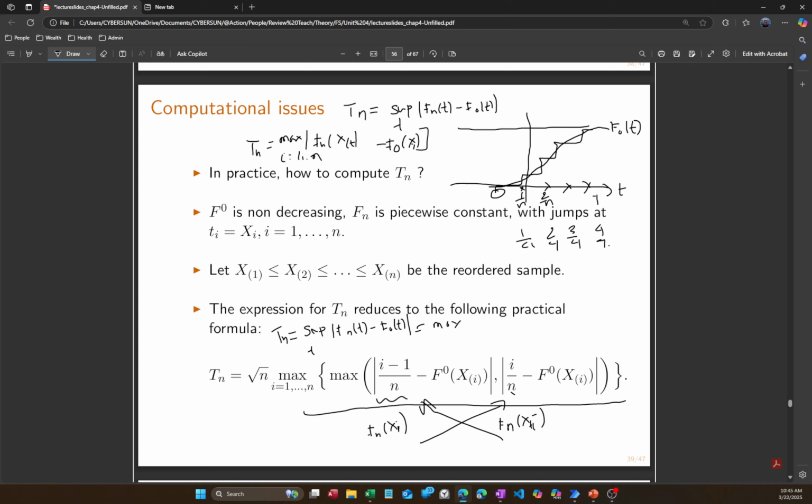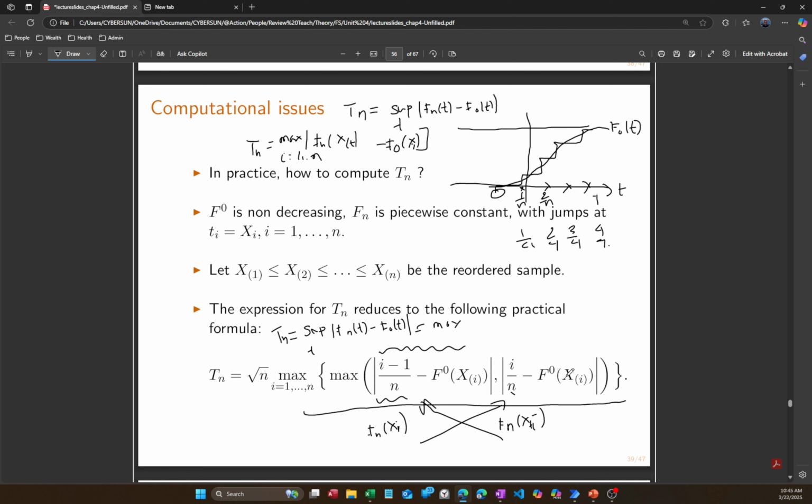Now if we have to evaluate discrepancies at each point, we will compute two discrepancies. Do you know what those discrepancies are? Think about it. The first discrepancy is (i minus 1) divided by n minus F0(xi), and the second is i by n minus F0(xi).